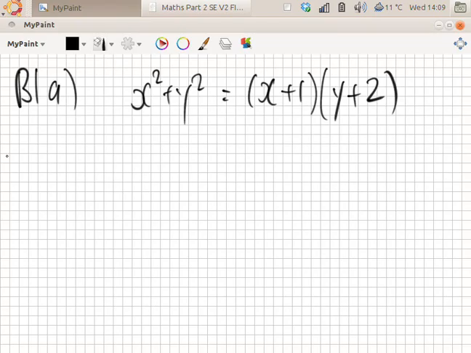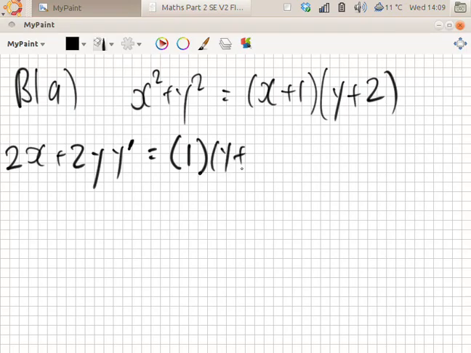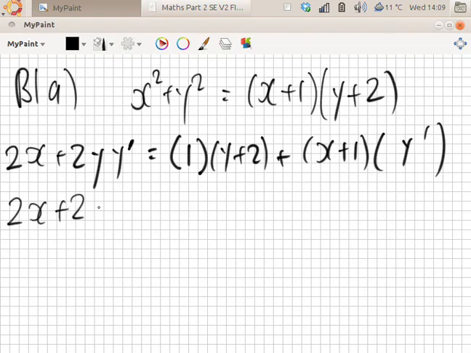Derivative now. 2x plus 2y y prime equals, and then product rule, so that's 1 times (y plus 2) plus (x plus 1) times y prime. So this is 2x plus 2y y prime equals y plus 2 plus x y prime plus y prime.